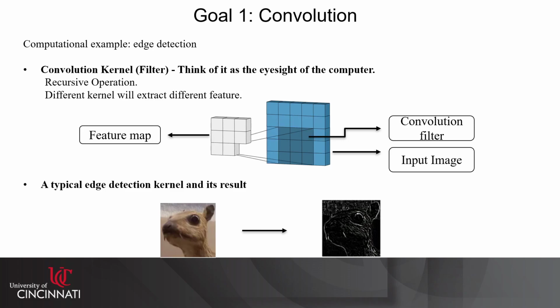And that's basically what a convolution is. And here I put a convolution result of the edge detection. If I apply that kernel to the image, recursively going around the loop, I will be getting this image with highlighted edges. If there's an edge, it's highlighted. If there's no edge, it's just black.